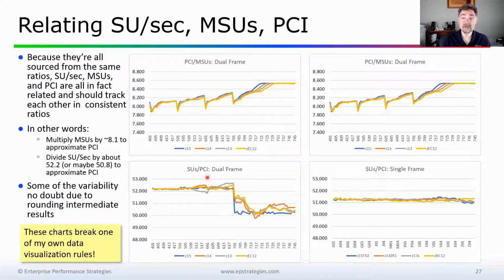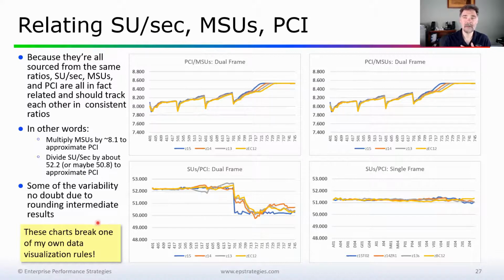Similarly, if we look at the service units per second per MIPS, if you took a look at your service units per second and you divided it by somewhere in the order of a little over 52. If you're out here on the larger machines, maybe it's a little less than 51, but you can do that division and you get something pretty close to what that table lookup said, right?